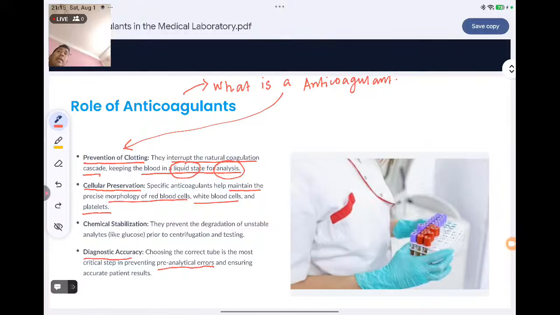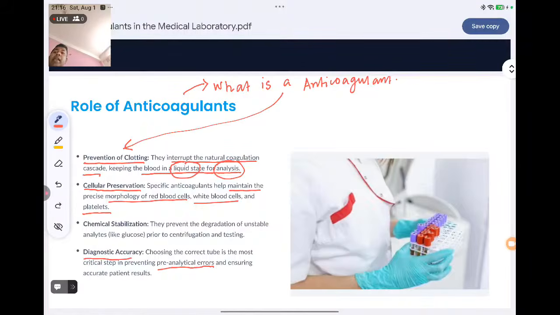In that case, we cannot take the blood in any other tubes because each and every color of the tube is different for different types of test. So, for diagnostic accuracy, the choosing of the correct tube is the most critical step to prevent the pre-analytical errors.